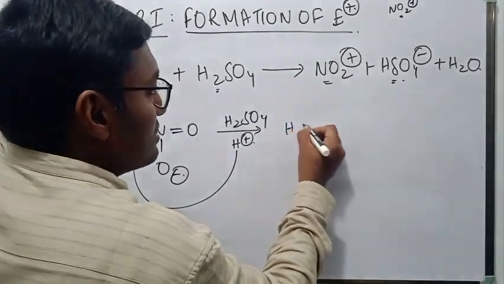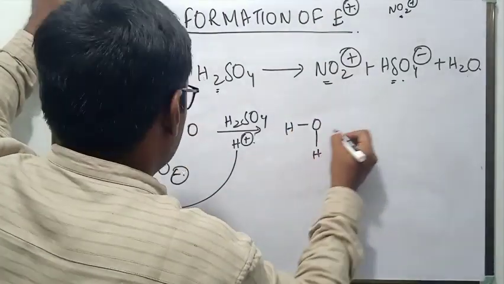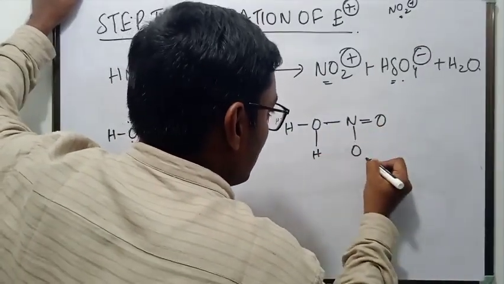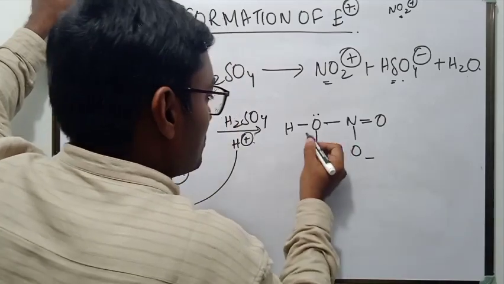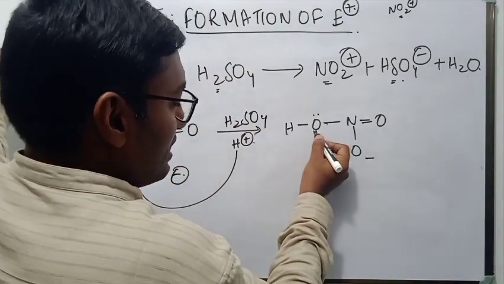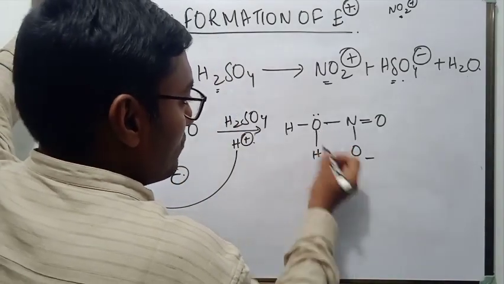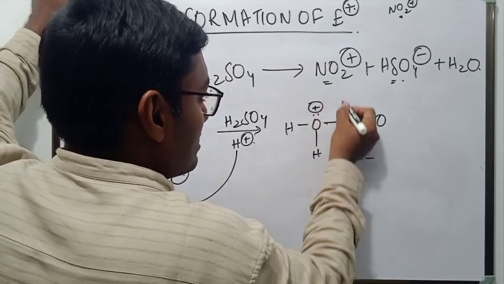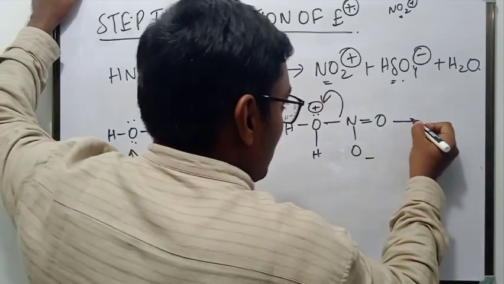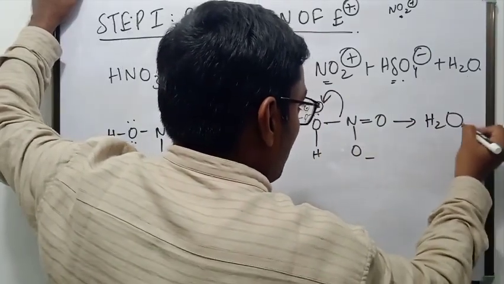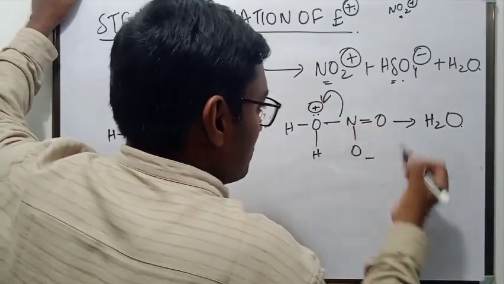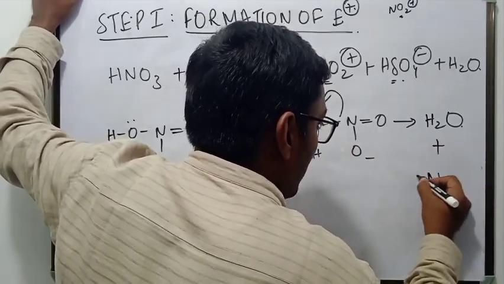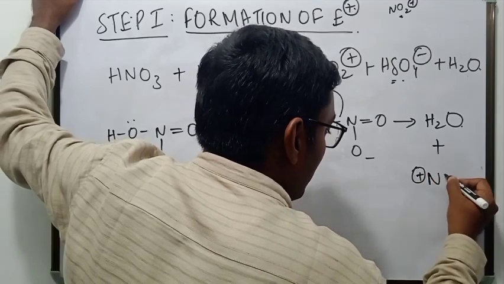So we get HOH, and N, O minus. Because now O is protonated and has lost its lone pair of electrons, it becomes positive. To negate this positive sign, this electron pair shifts here. So now we get H2O, but when it shifts here, this nitrogen becomes positive, so we get N plus, and N plus O2.